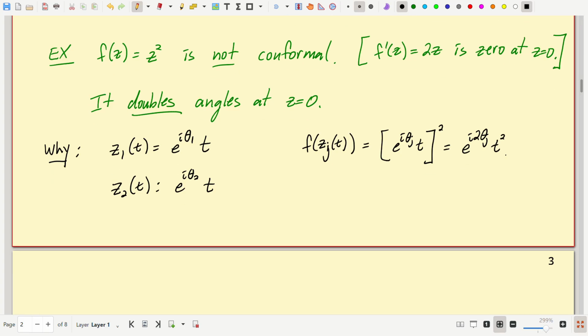And so those two lines get mapped to new lines, and the angle between them, the angle alpha, that would be theta 2 minus theta 1, let's say, gets doubled. Two alpha, that would be 2 theta 2 minus 2 theta 1.